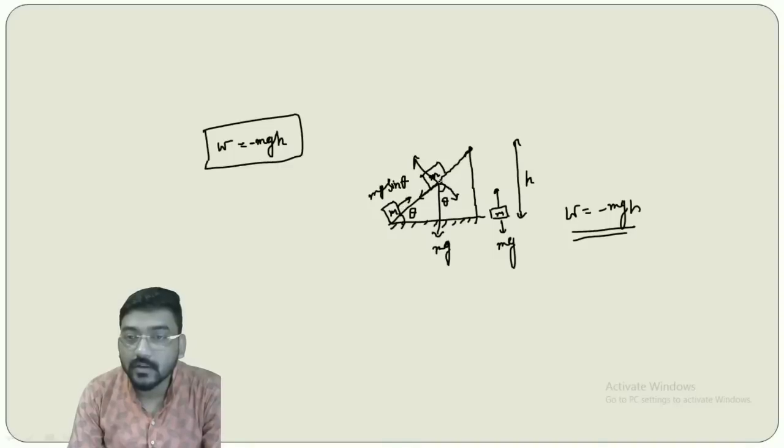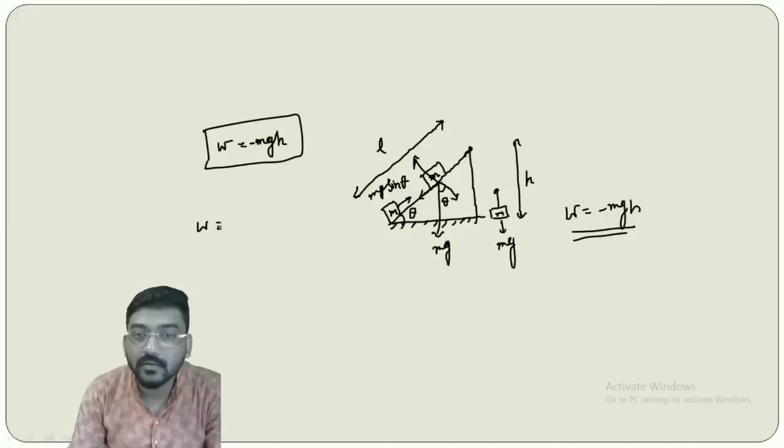So the object is pulled against this mg sin theta force. And if the length of this inclined plane is L, the work done is actually minus mg sin theta into L, because the force is along this direction, mg sin theta, and L is along this, so it will be just minus mgL sin theta.